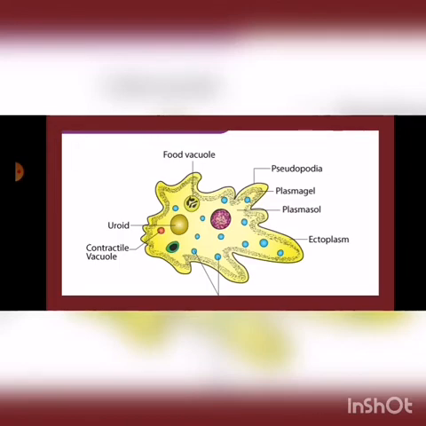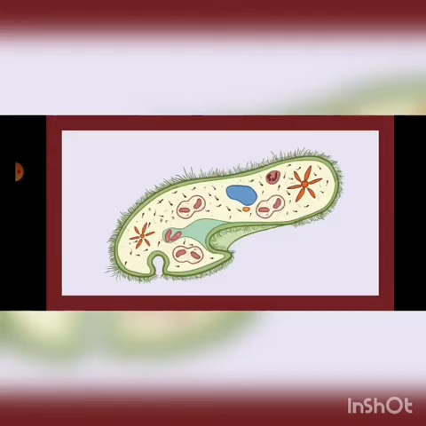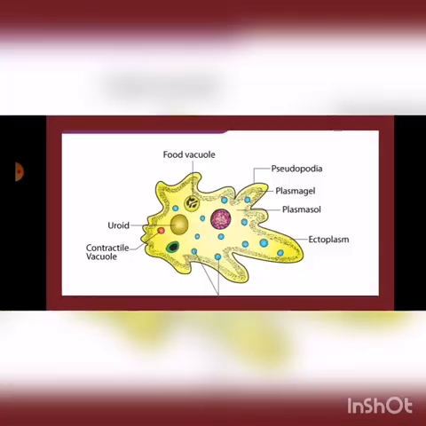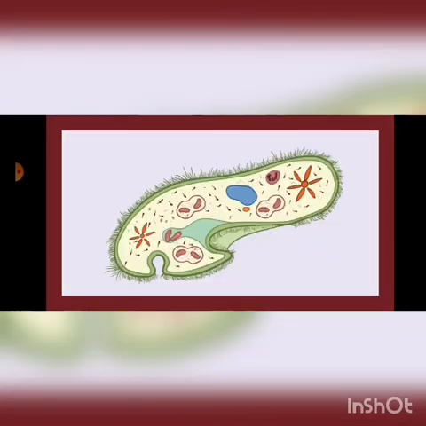Unicellular organisms are made up of a single cell, for example amoeba and paramecium. You see the picture. This is an amoeba. Next one is paramecium.